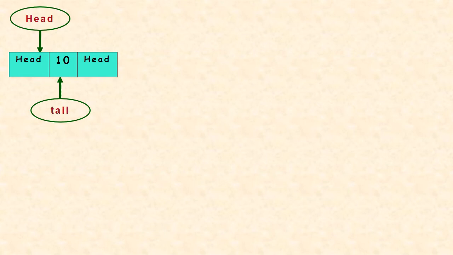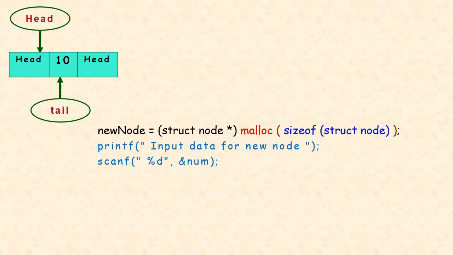Now from here we will start creating more nodes. We will practice creating 4 nodes, then you can easily understand the concept. Let us say I want to create a new node, then I will use this code segment. I have taken a new pointer, newnode. Using the malloc function I have allocated memory, and using a scanf statement I read a new number.